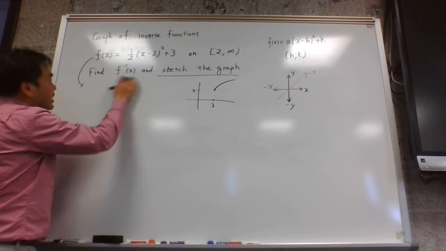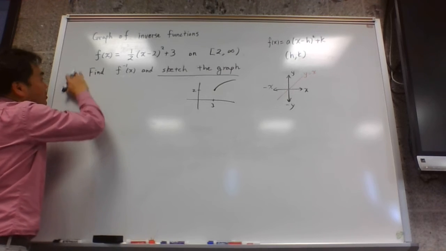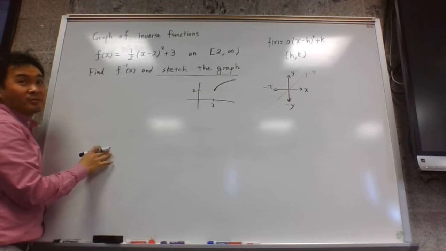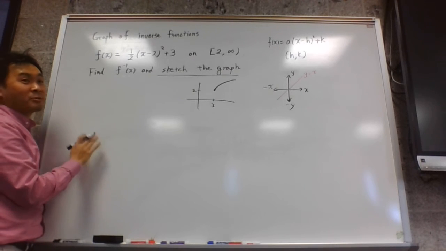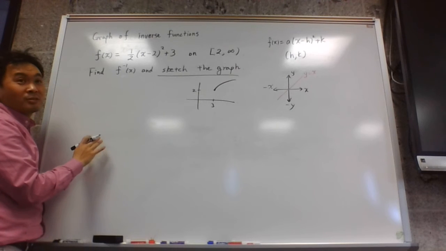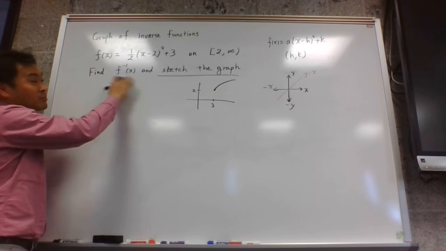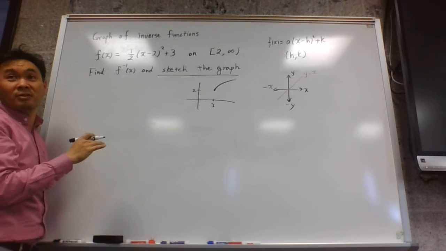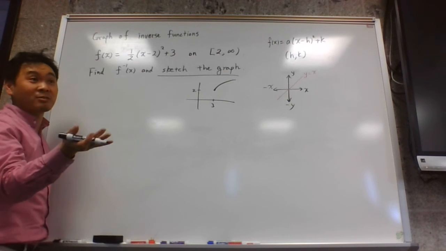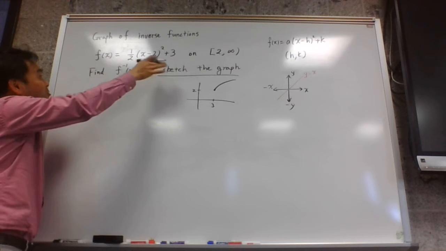Okay, for the actual formula, what do you do? What are the steps? I think we did several examples. What's the first thing we do? How do you find f inverse? Yep. Flip x and y. That's the first step, right? Except that I don't have y here.